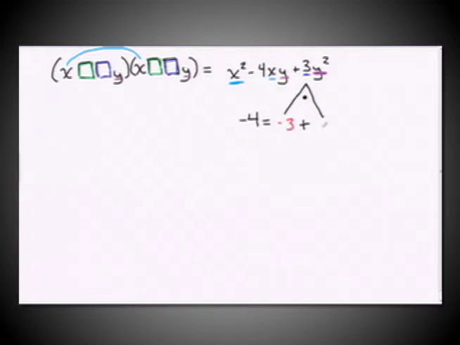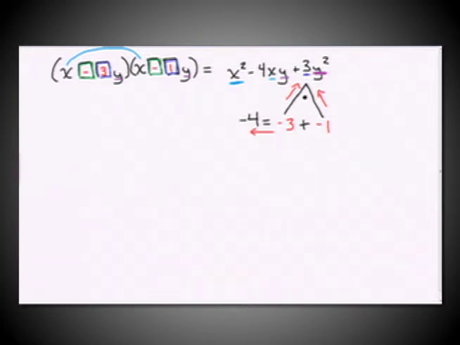So -3 and -1. -3 times -1 gives us +3, and -3 plus -1 gives us -4. So we've found the factors that we need to use to fill in the blanks up here. -3 and -1.